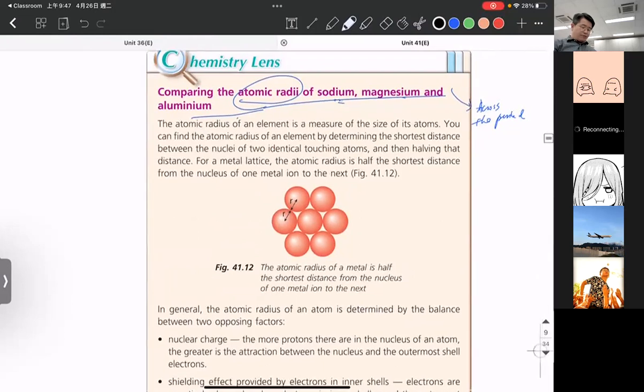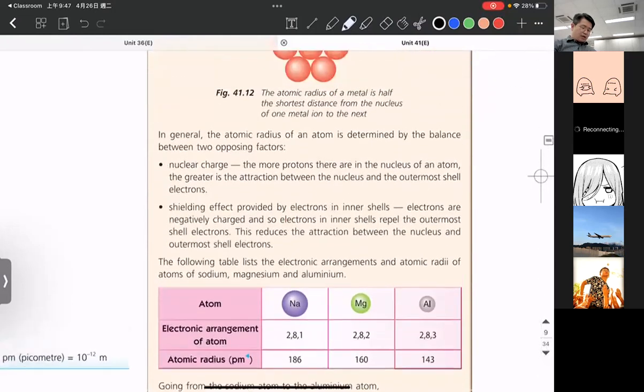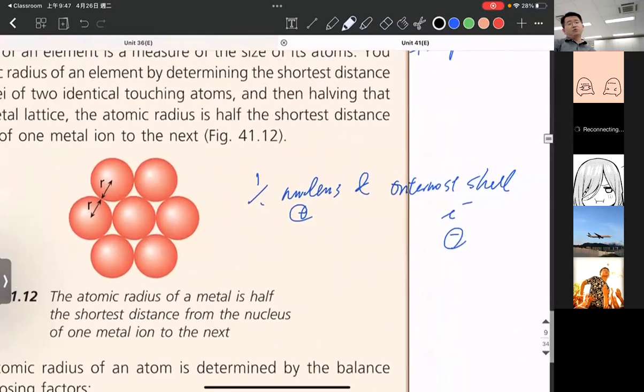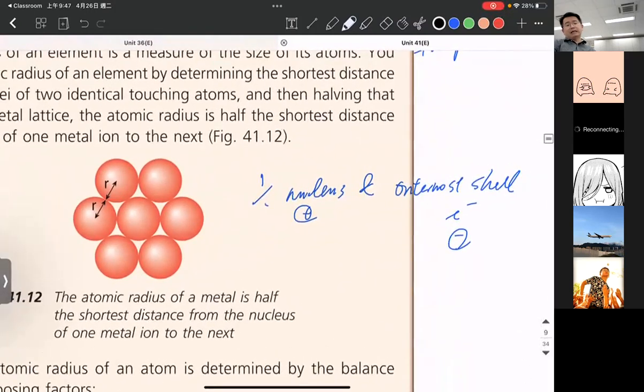Now, it is something about the electrostatic attraction between the nucleus and outermost shell electrons. So this one is positive, this one is negative. You may find that very confusing when you compare this with metallic bond.